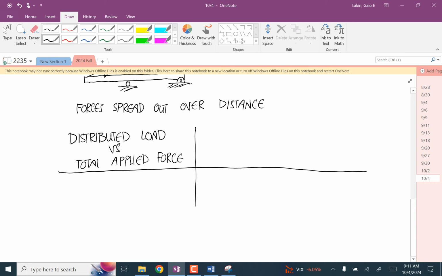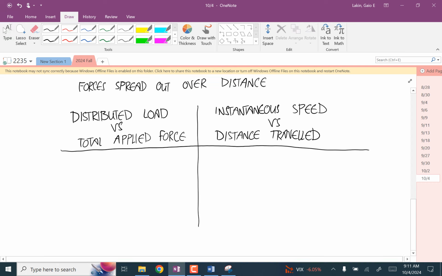And in the other column, let's think about instantaneous speed versus distance traveled. And I just think this is a nice way to wrap your head around what's happening with distributed loads.